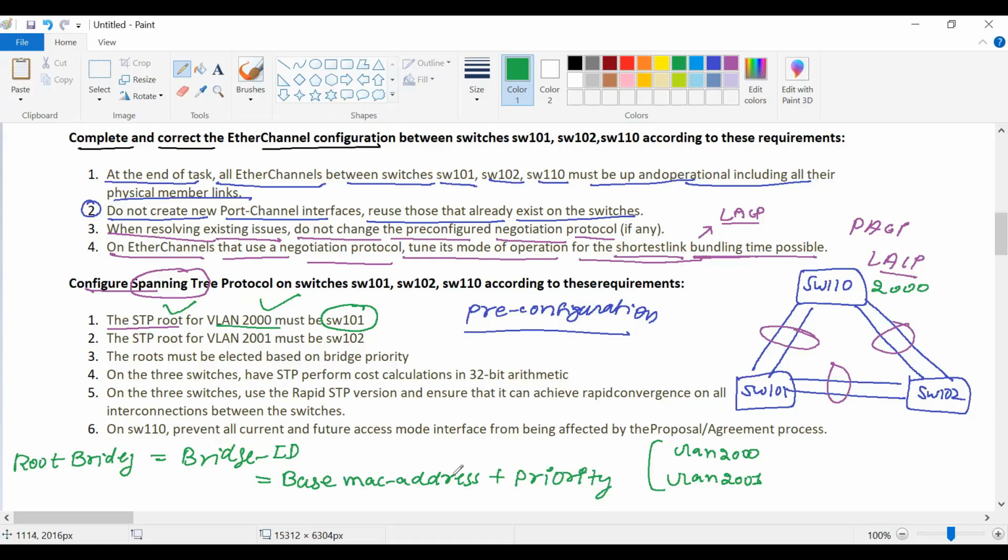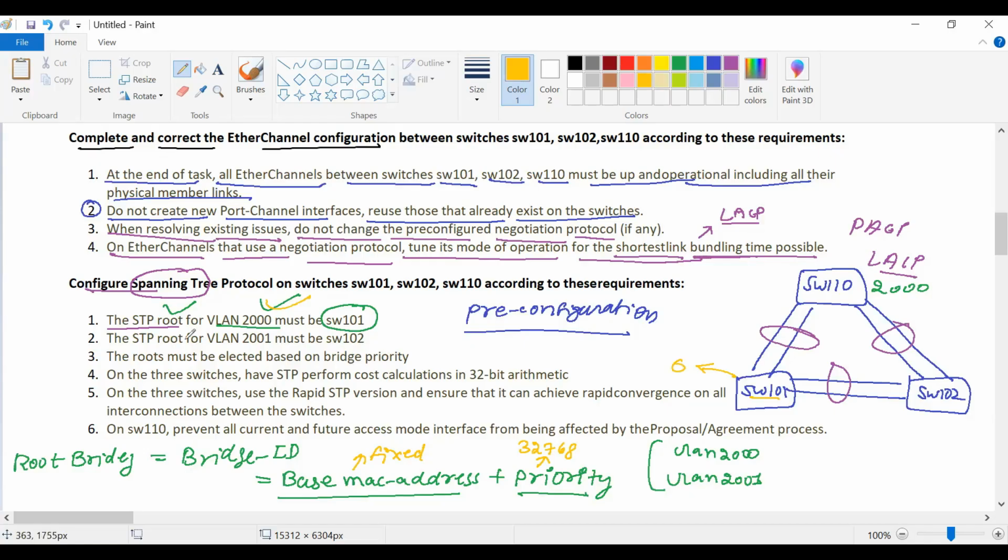The base MAC address is always fixed. The only thing you can change is priority, which is by default 32768. If you want to configure switch 101 as the root for VLAN 2000, you have to decrease the priority value to 0.